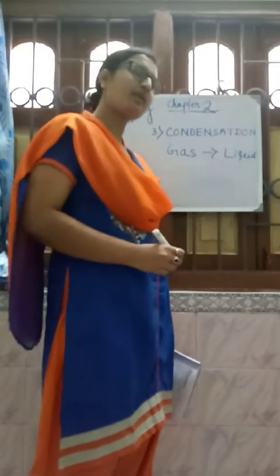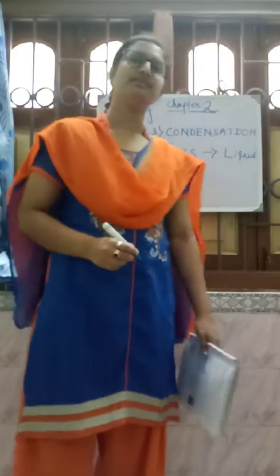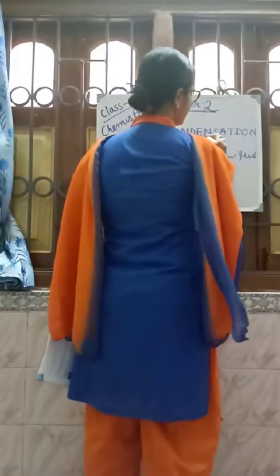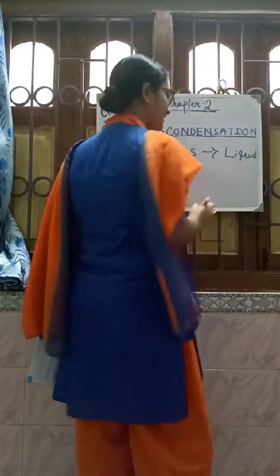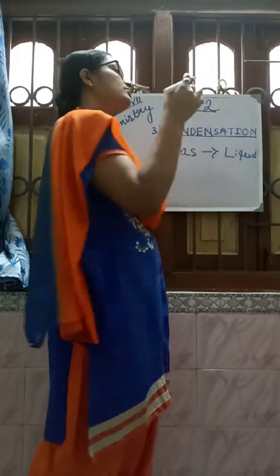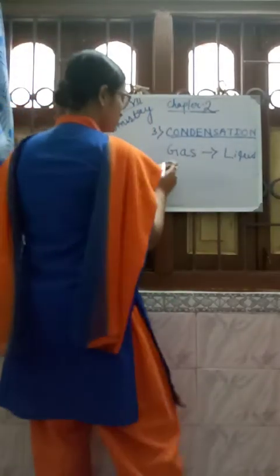The process in which the gas state is converted into liquid state at a fixed temperature is called condensation. And this fixed temperature at which the gas is converted into liquid is called the condensation point.